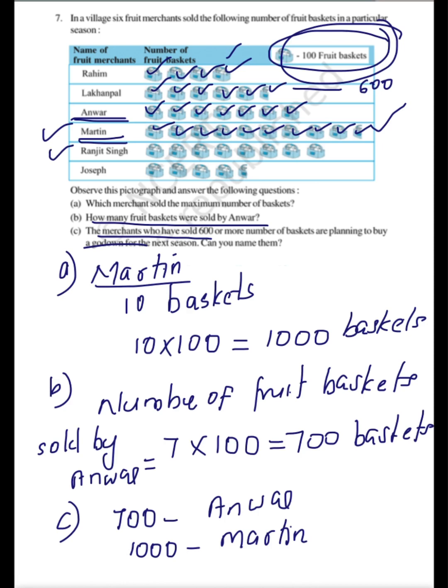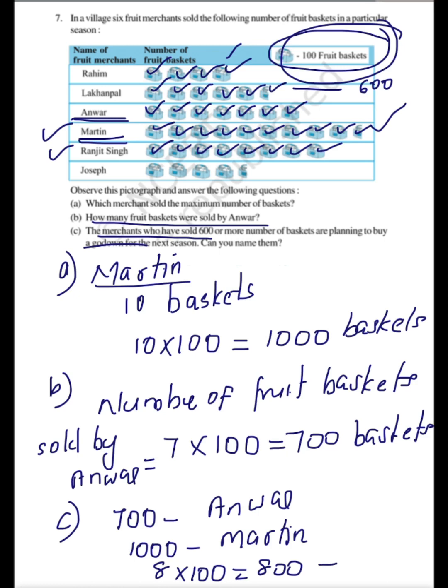Next one is Ranjit Singh. We will count it: 1, 2, 3, 4, 5, 6, 7, 8. 8 means 8 into 100, which is equal to 800 baskets. Okay, 800 baskets were sold by Ranjit Singh. That means he will also be going to buy the godown for the next season.